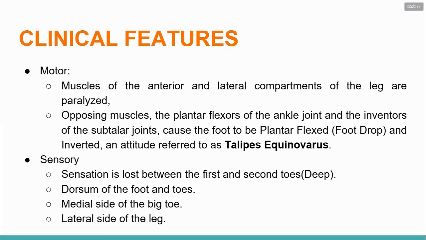So if the tibial nerve is intact, this will lead to a plantar flexed foot and inverted attitude, which we call equinovarus. Equino because it is plantar flexed and varus because it has gone into inversion. So usually a patient with common peroneal nerve injury will have an equinovarus attitude of their ankle.